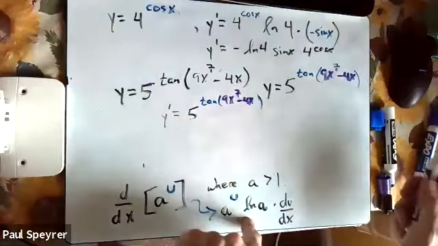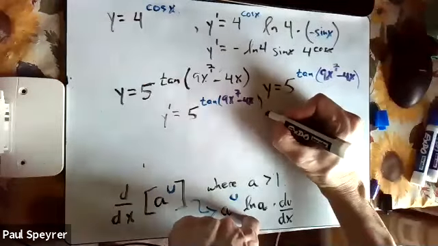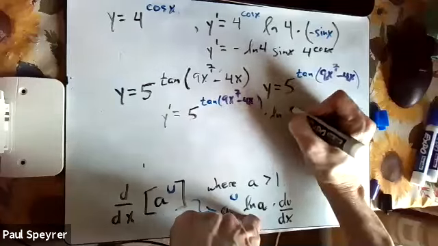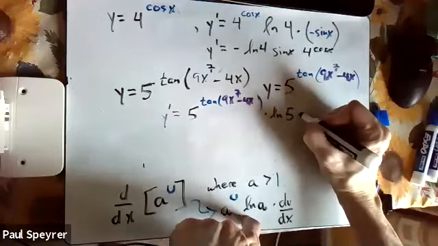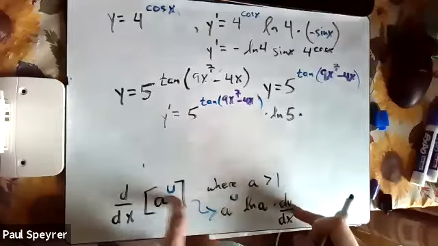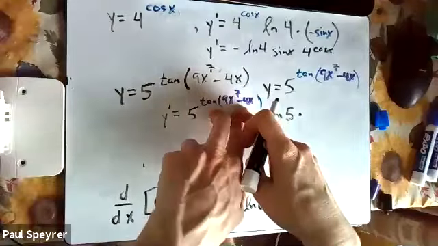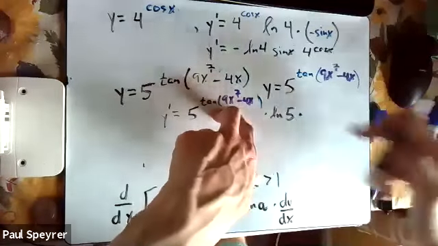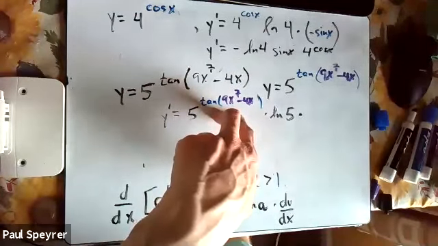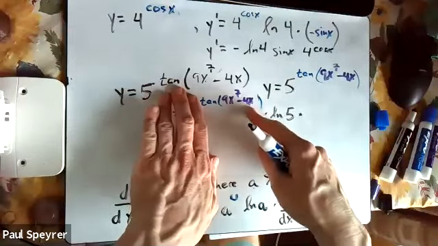And then times ln of a, right? Or ln of 5 times the derivative of the u, right? The u is all this stuff. So we need to take the derivative of tangent of 9x to the 7th minus 4x. That's the chain rule right there, right? So just looking at this component, what do we need to derive first?